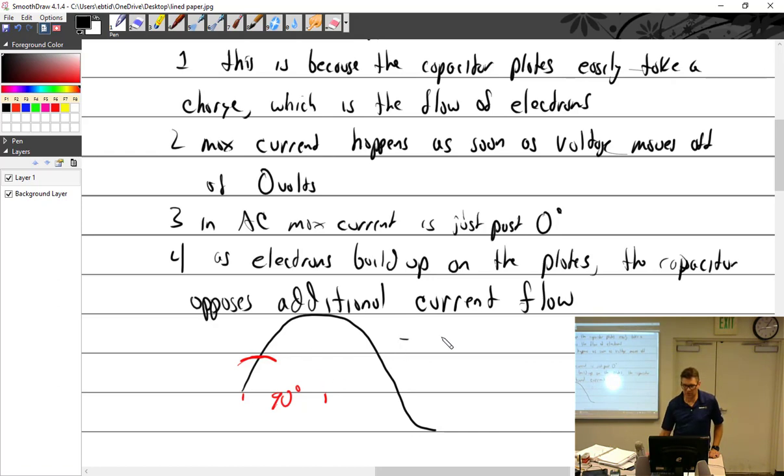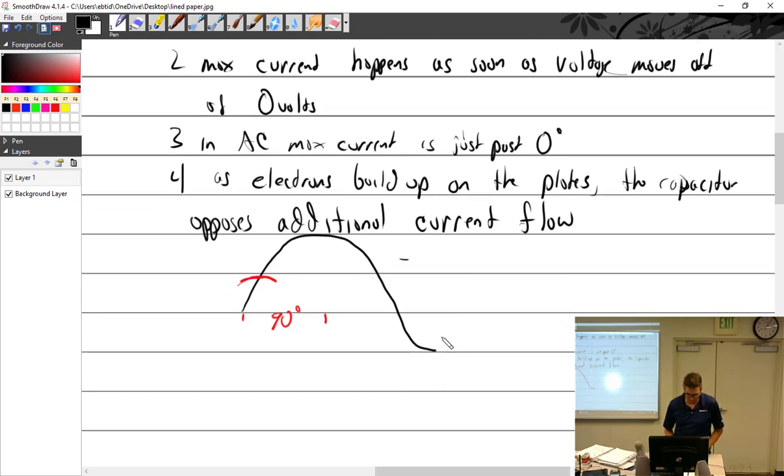So there is 0 current flow when voltage is at max. There is 0 current flow at max voltage.